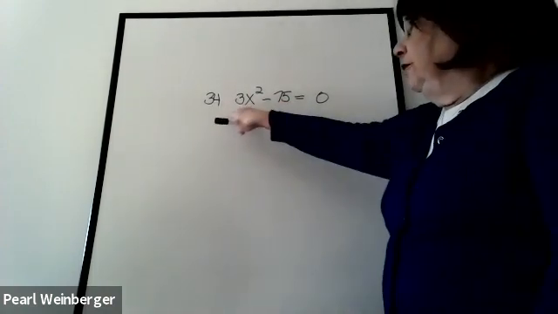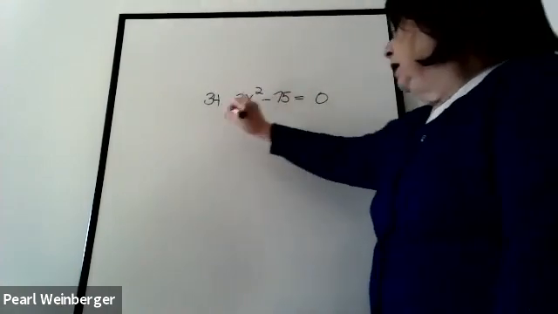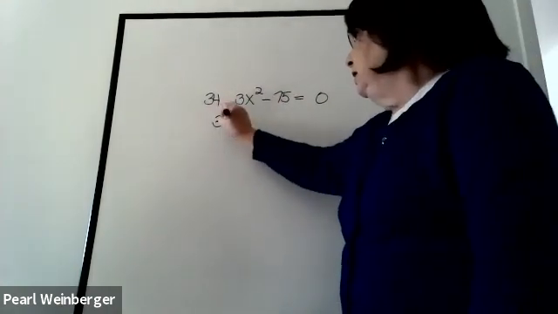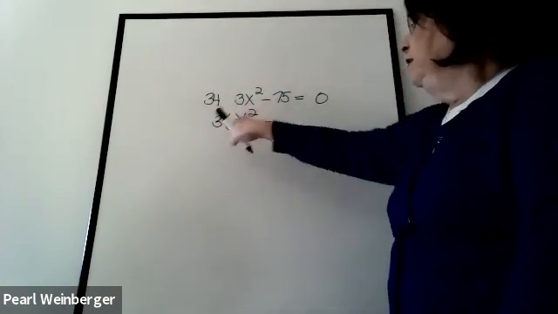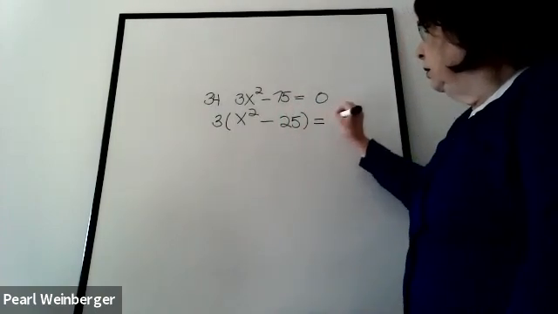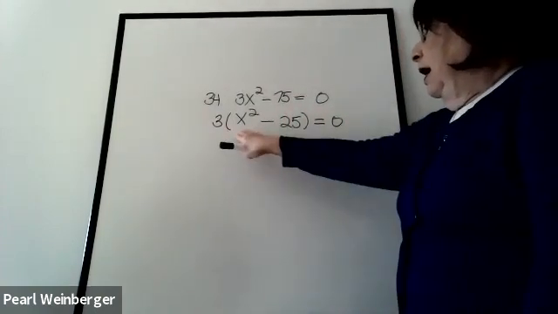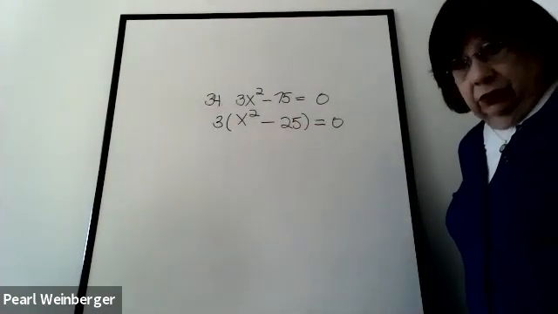First of all, I look for a common factor, and there actually is a common factor of 3. So this becomes 3 times x squared, and 75 divided by 3 is 25. And I'm left with this x squared minus 25 to factor.